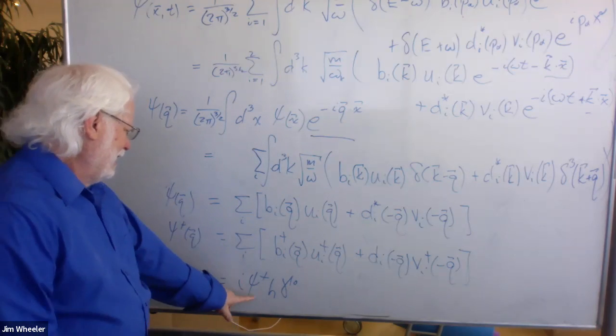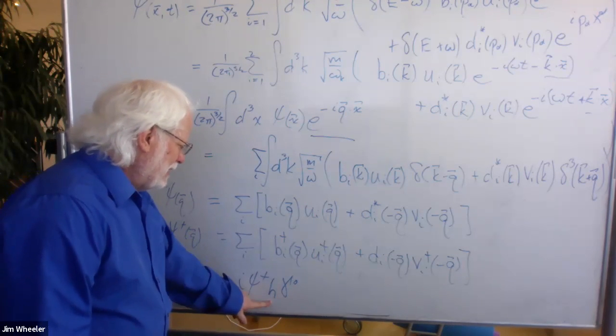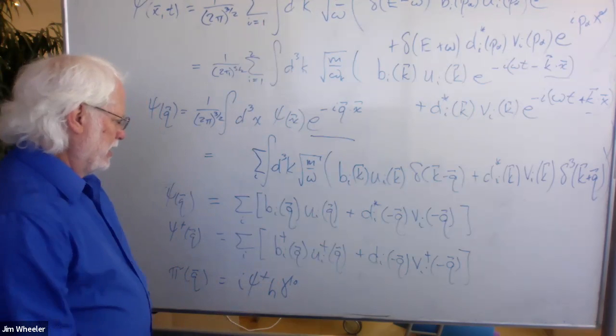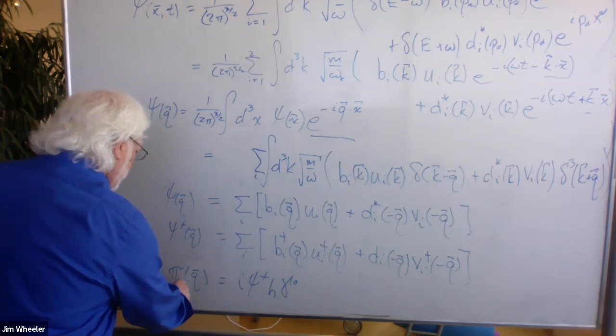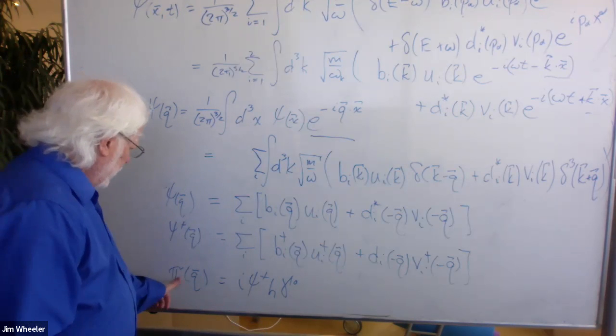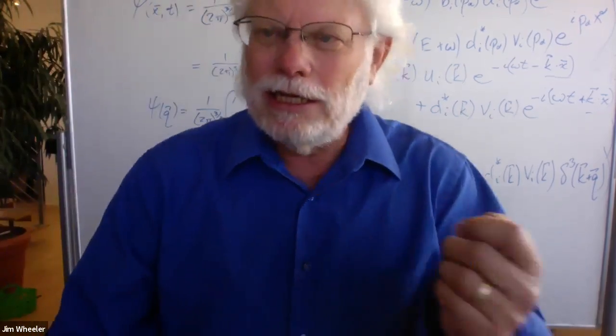All right, those basically square to 1, but the h lowers an index. So pi actually has the spinor index down, if we wanted to write the spinor indices, which every now and then it's a good idea to do.